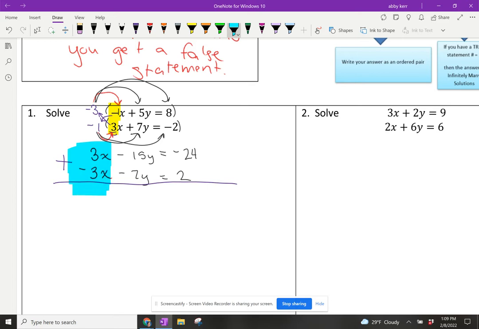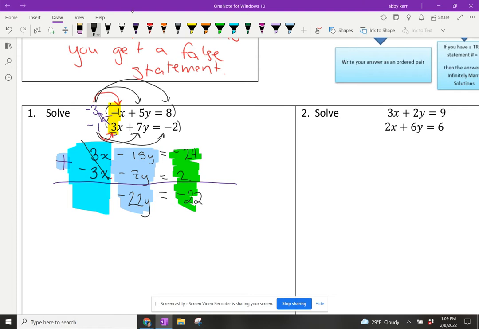A negative and a positive go away. We have negative 15y plus 2y. I'm sorry, that should be a 7. Negative 7y is negative 22y, and then negative 24 plus 2 gets us negative 22.